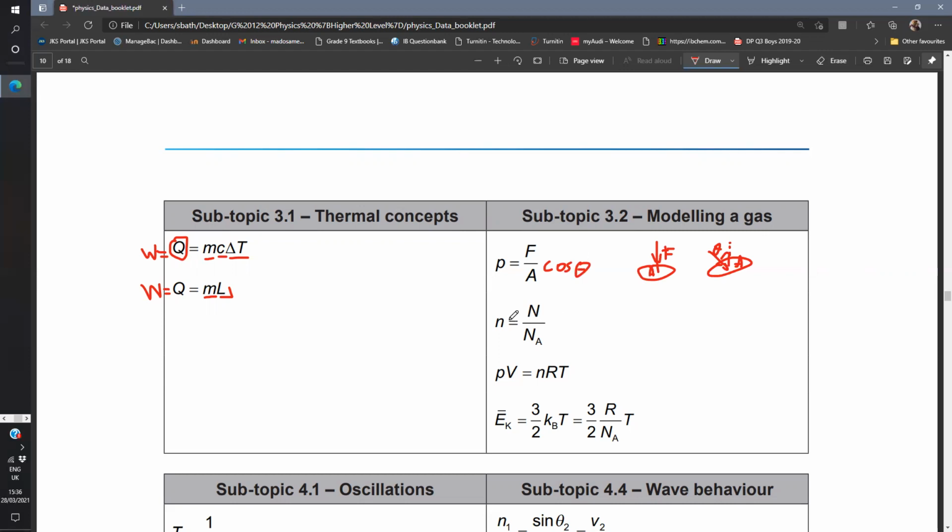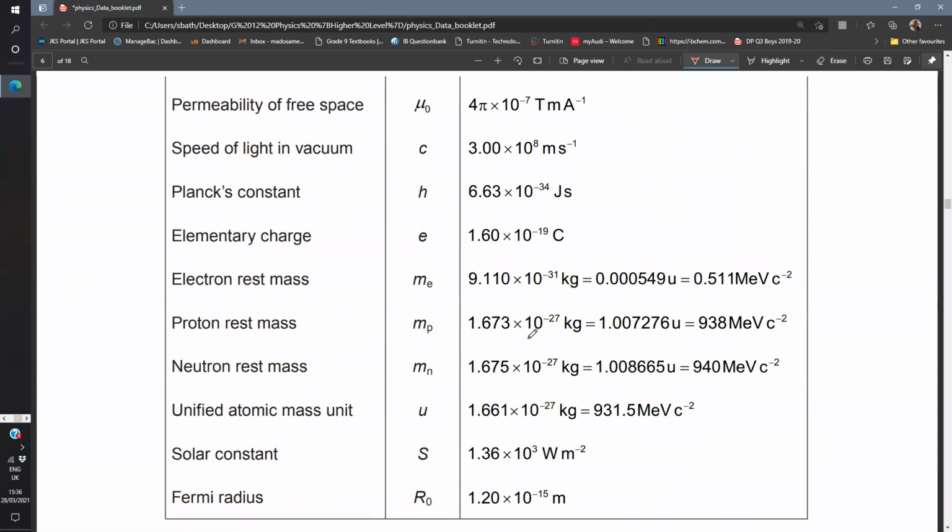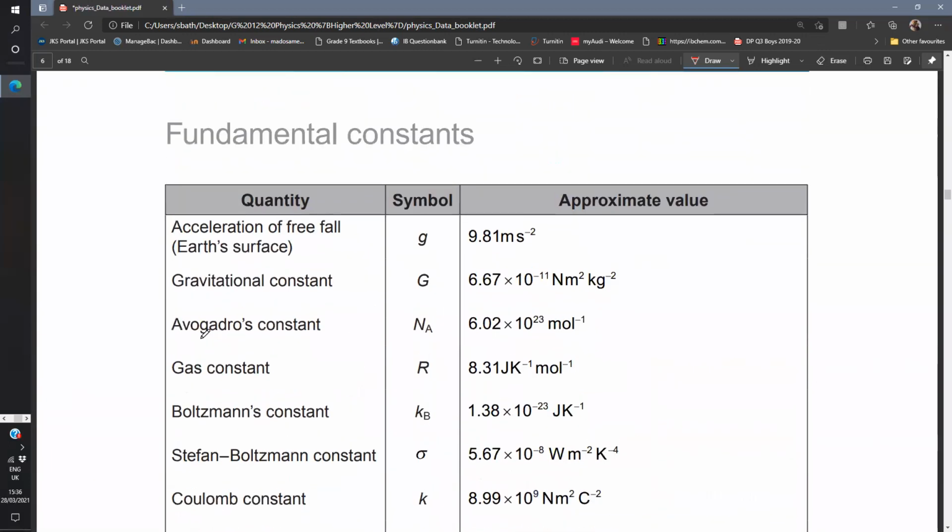And then this is the formula for the number of moles. This is Avogadro's constant. You don't have to memorize it at all. It's here: 6.02 times 10 to the power of 23.